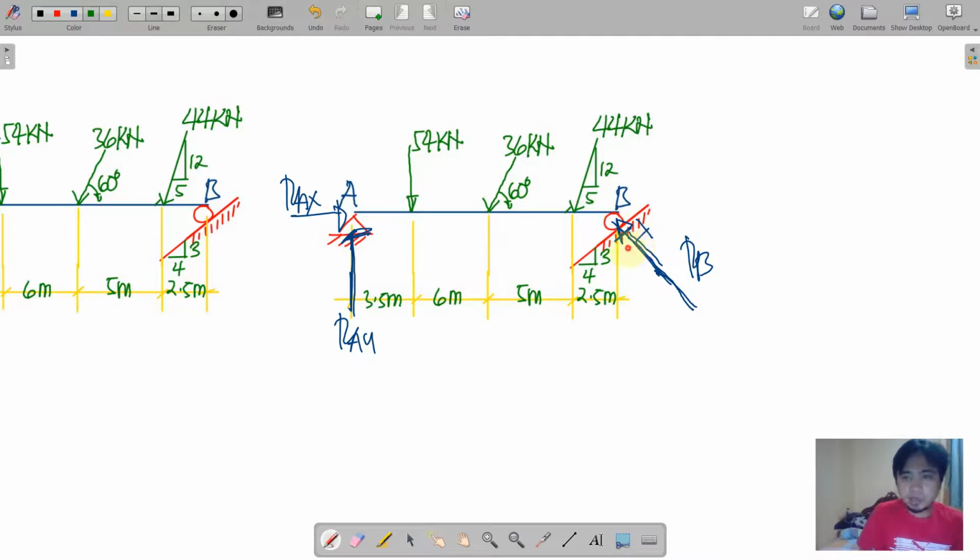So reaction at B has to be resolved on its vertical and horizontal component. Say this is RB, RBX, and this is RBY.